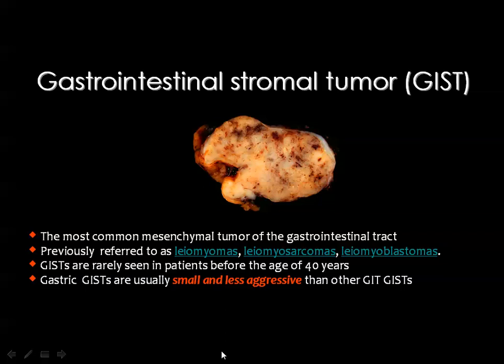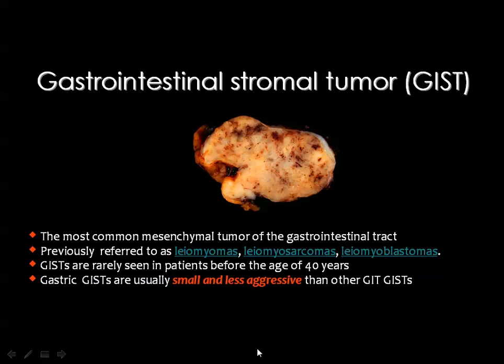Then you come to the GIST tumors, which are the gastrointestinal stromal tumors. These tumors were previously known as leiomyomas or leiomyosarcoma or leiomyoblastoma, but the literature has agreed on this name, which refers to a mesenchymal tumor of gastrointestinal tract origin.